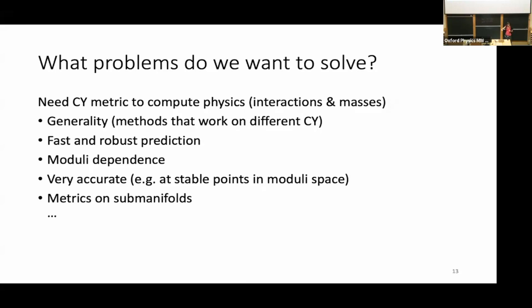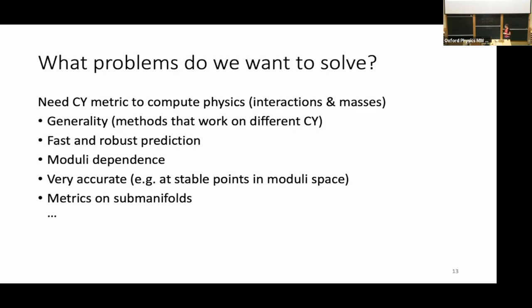So that's a lot of numerical control that we want to have. So we want something that can be accurate, at least at these stable points in moduli space. And this is just dreams, the things that we would eventually need. It's not something that is realized.